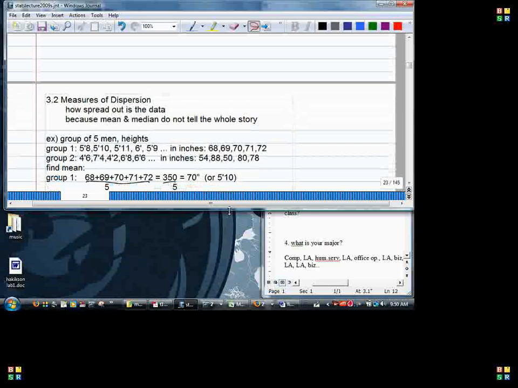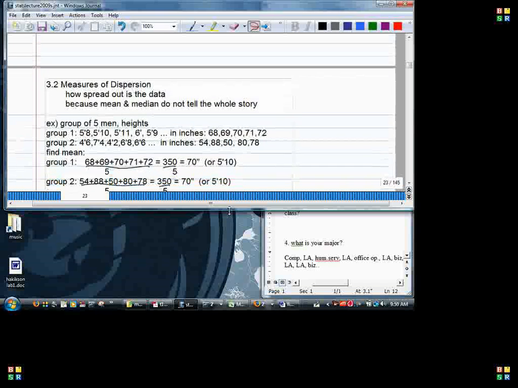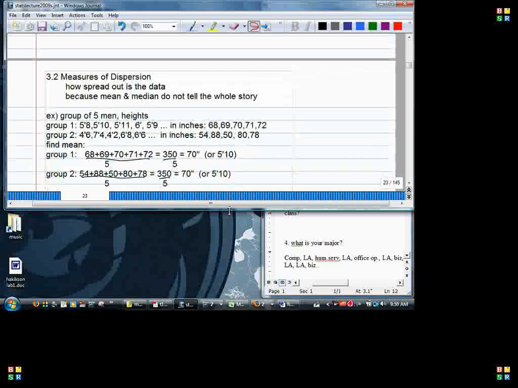Can you tell by looking at group 2 what the mean is going to be? It's exactly 70. If you add it up and divide by 5, you get 70 inches. So the average height in group 1 is the same as the average height in group 2.